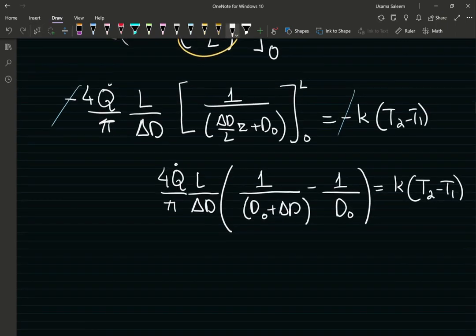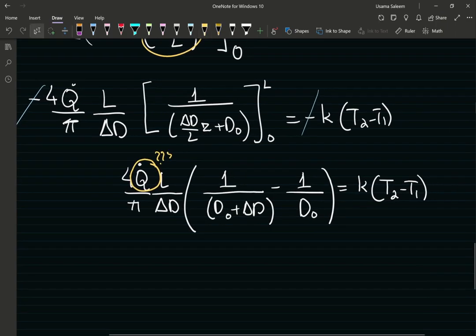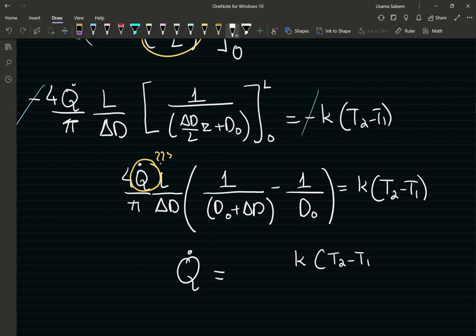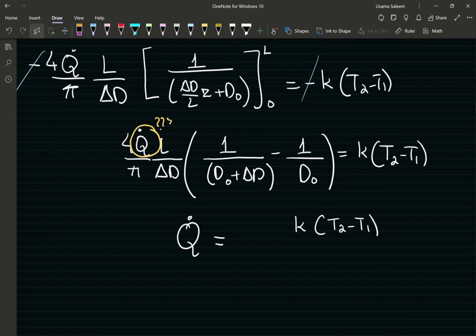So what we're trying to solve for is the heat transfer rate, right? That's what we're trying to solve for. So hey, let's do some algebra, shall we? Q dot, the rate of heat transfer, is gonna equal conductivity times T2 minus T1. Pi goes to the right hand side, 4 goes to the right hand side.